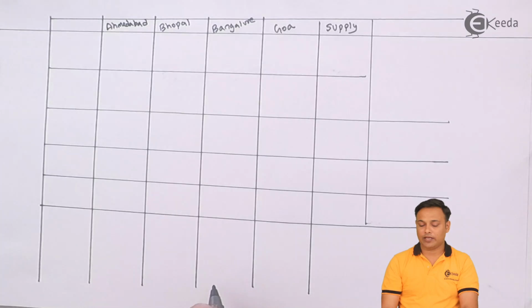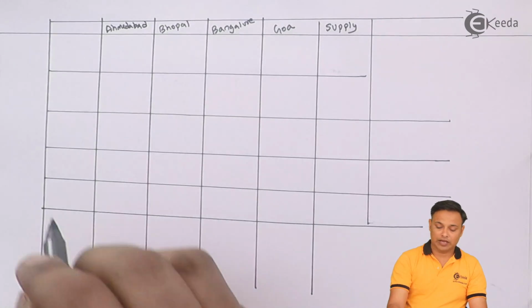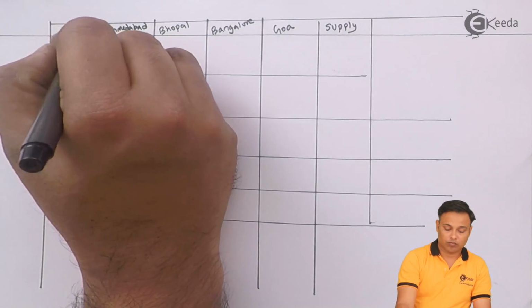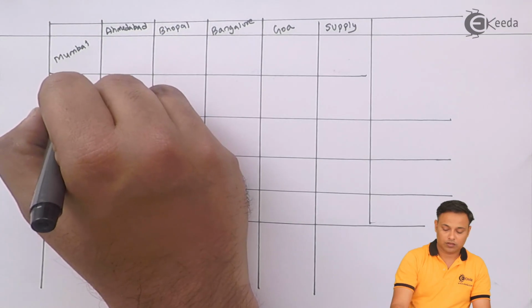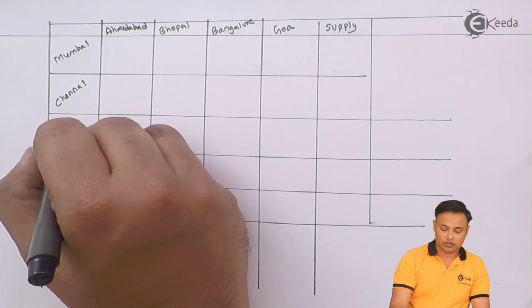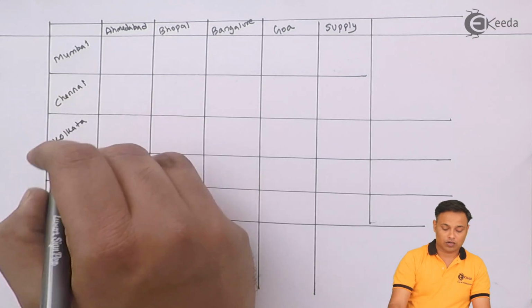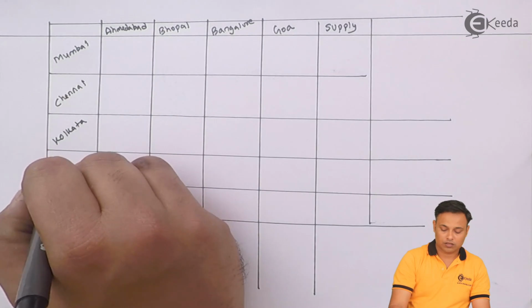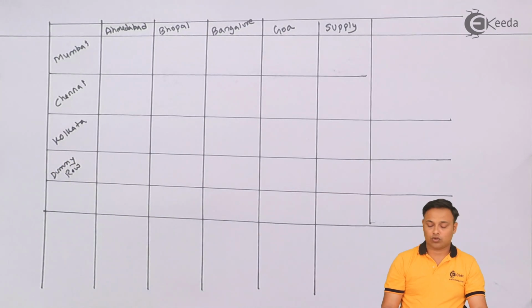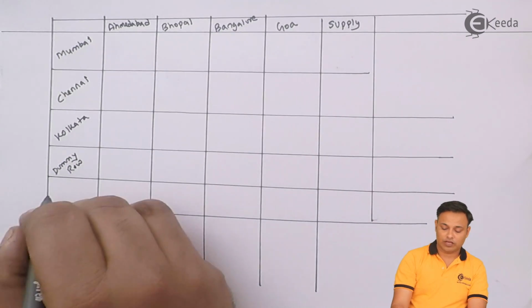And here is my supply, and we have Mumbai, Chennai, Kolkata and a dummy row. Then we have a demand here.